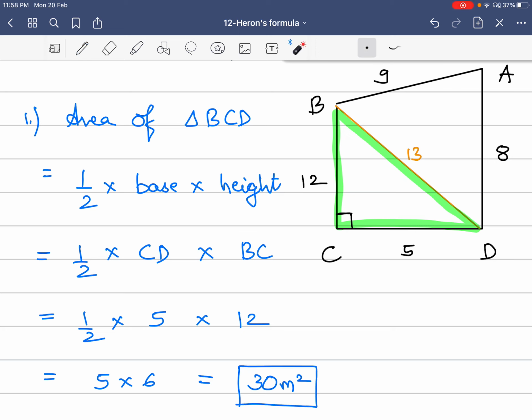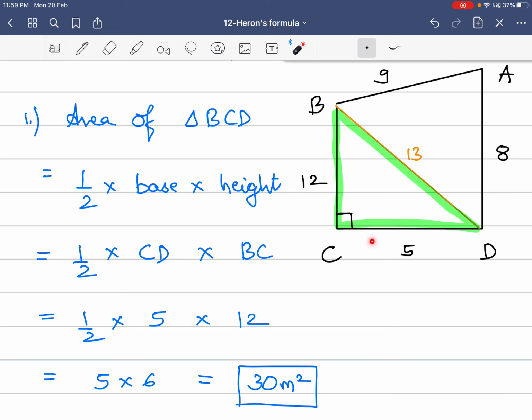Okay, very important. I'm going to repeat again. The reason we are using this formula in this triangle, half into base into height, why are we able to use this formula here? Because C is 90 degrees, which means this is the height of my triangle and this is the base of my triangle. We cannot use this in general for any other triangles because usually the height is not known to us because the triangles won't be right angle triangles.